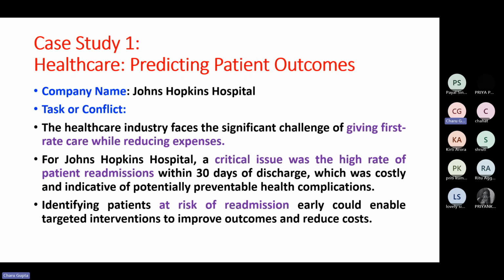So there is a hospital, where there was a significant increase in the critical issue that was being noticed, which was the high rate of patient readmission. Whatever patients were being treated, they were readmitted again with the same problem, right? So the hospital tried to identify what could be the cause.